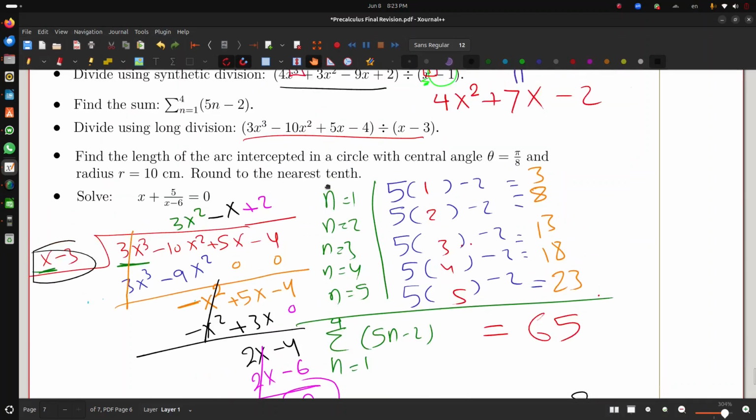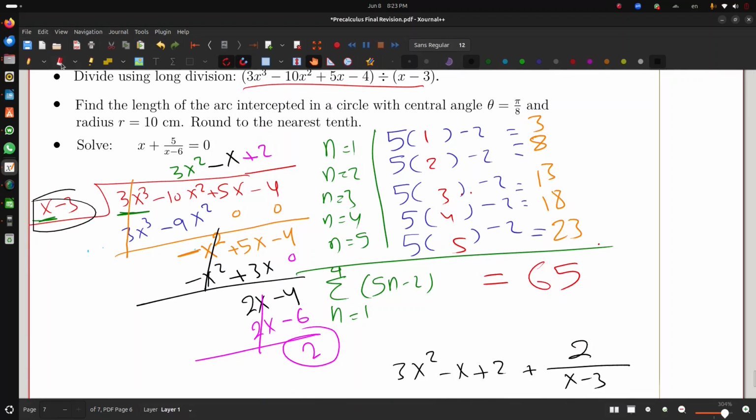Okay, next question. We need to find the length of the arc. To find the length of the arc, you have to be sure this angle is in radians. It's in radians, so you will just multiply r by theta. You will get r theta, okay, to get the length of the arc. So it will be pi over 8 times 10. You can use a calculator to round it to the nearest tenth.